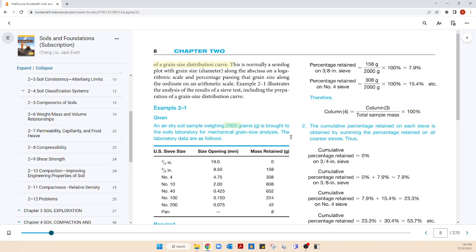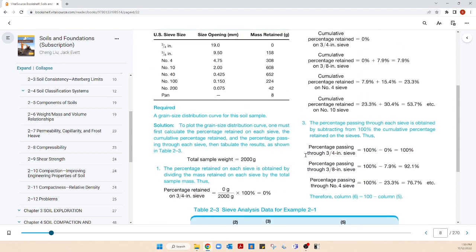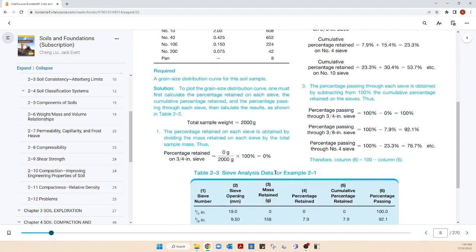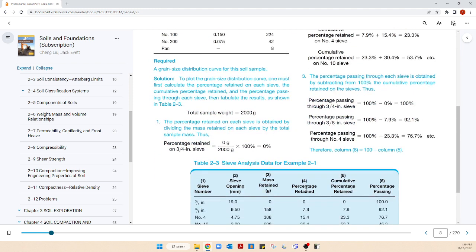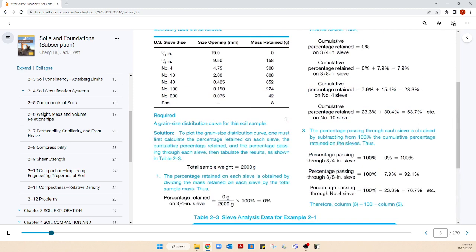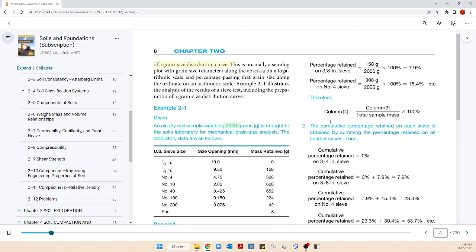Therefore, column 4 equals column 3 divided by the 2,000, which should equal 100%.